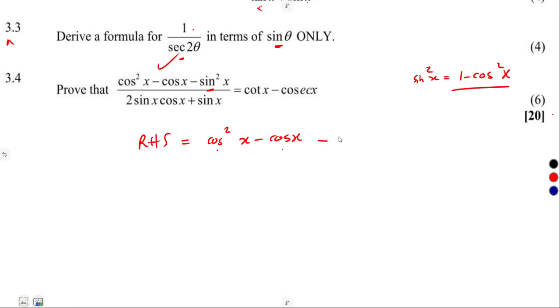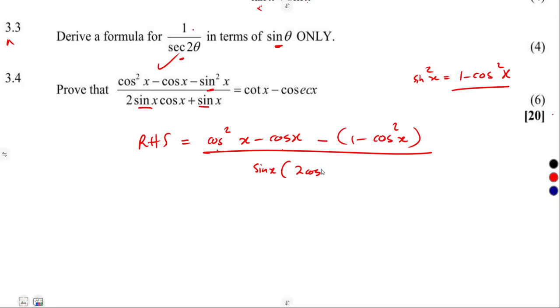So just write that as 1 minus cos squared of x in place of the sine, so that we don't waste our time here. And in the denominator, sine of x is common. We can factor it out and have 2 cos x plus 1. So if we factor out the sine of x, that is what you're going to have.